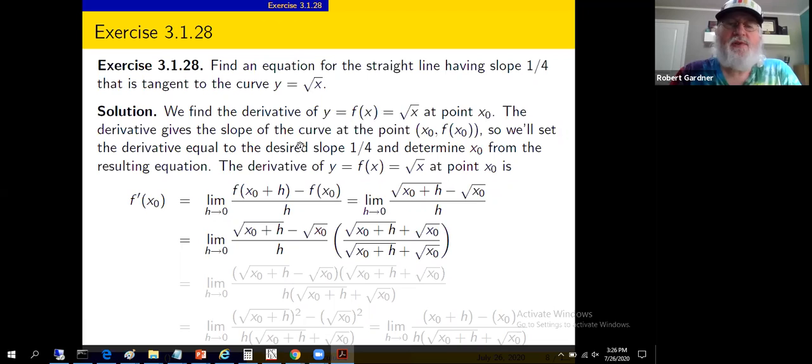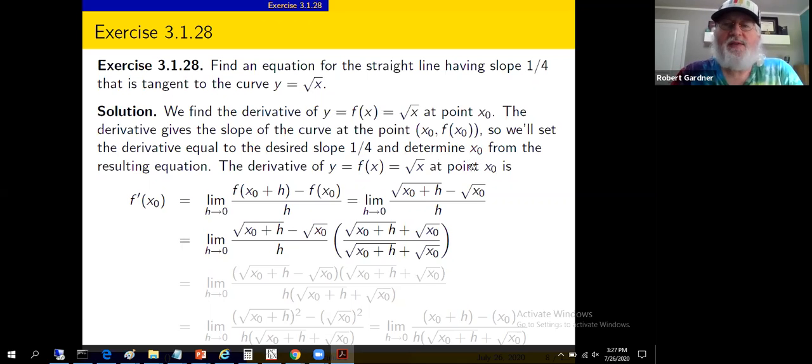We know that'll give us the slope of the curve at that point, and they want a straight line having slope 1/4 that is tangent to the curve. So we'll want the slope of the curve, which equals the slope of a tangent line at various points. We'll want the slope of the curve to equal 1/4. So we'll set the derivative, which we're about to compute, to the desired slope of 1/4, and that's how we'll figure out where we need this line to be tangent to the curve. That's how we'll find the x sub 0.